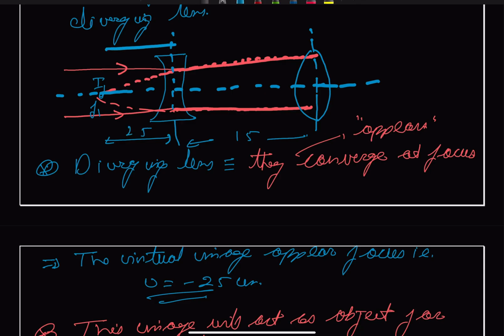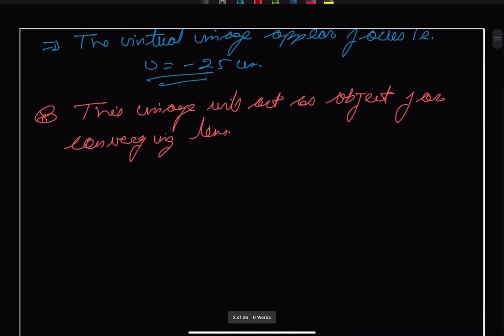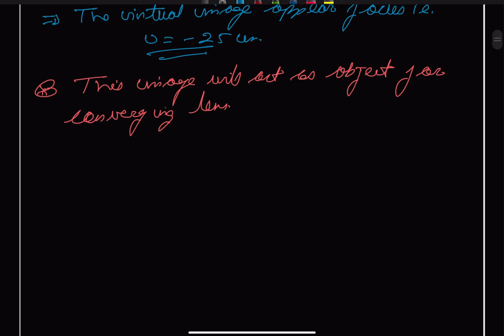So the total distance will be 25 plus 15. Okay. So that will be 40 centimeters. So we can write that our U will be equal to minus of 25 plus 15, giving us minus 40 centimeters. And now we can use the lens formula for the converging lens.